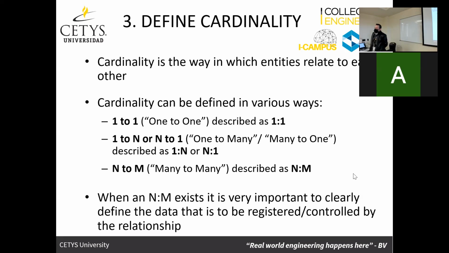Let me try to give you an example. A student. The student is an entity, right? An academic program, a carrera. By the way, sometimes you guys translate carrera to career, and that's not correct. When we're talking about a carrera, the technical term is academic program.